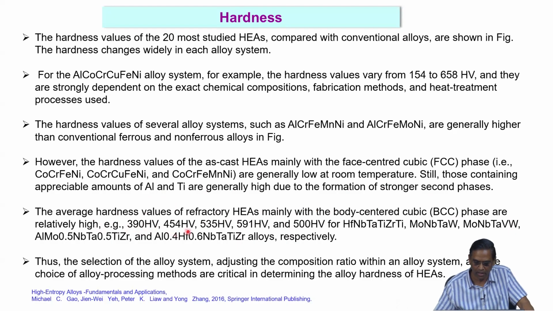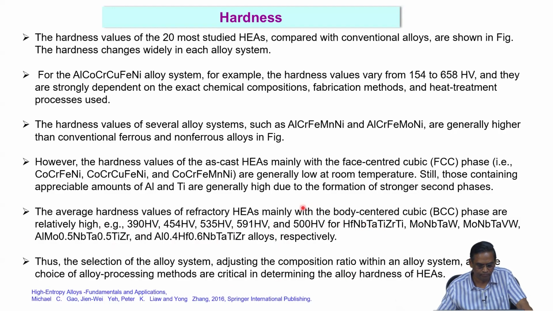You can compare the values: 390 HV, 454, 535 and so on for the BCC high entropy alloys like hafnium, niobium, tantalum, titanium, zirconium, and moly, niobium, tantalum, tungsten, and then moly, niobium, tantalum, vanadium, tungsten. Of course, you can have variations with niobium and titanium added in these alloys, which also alters the hardness.